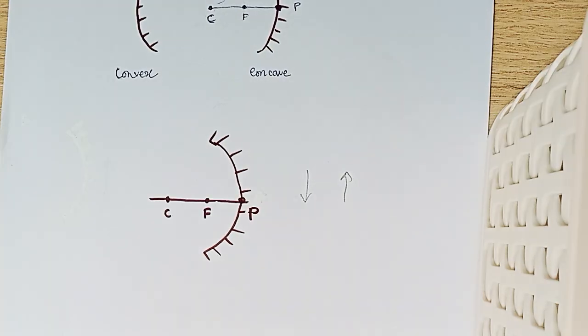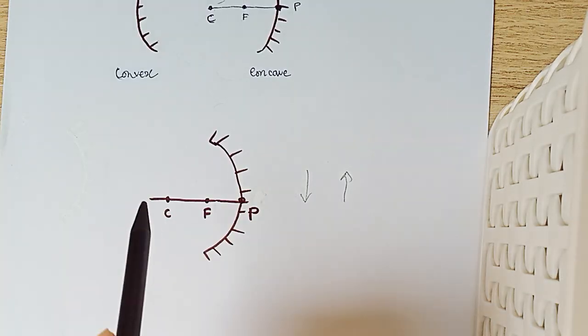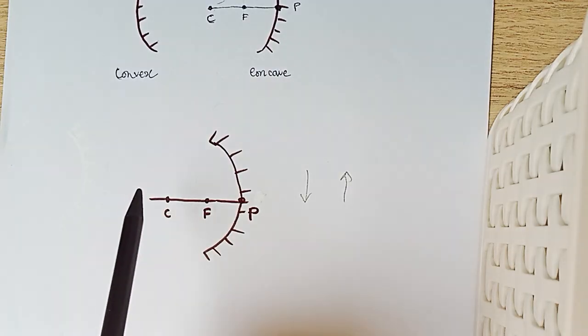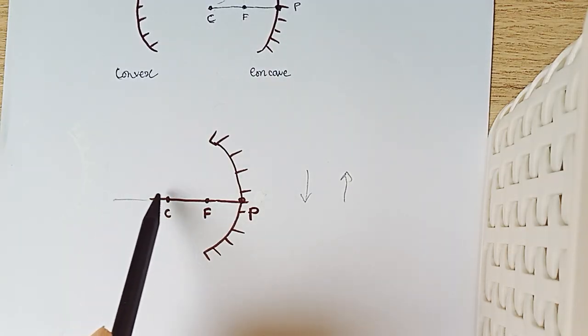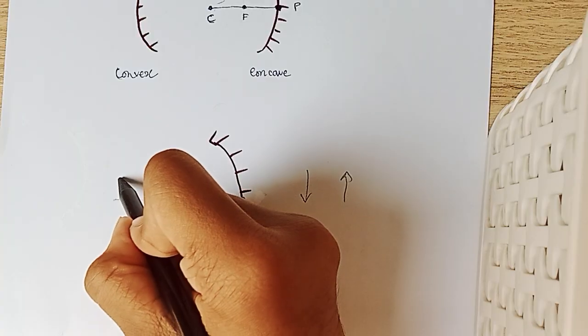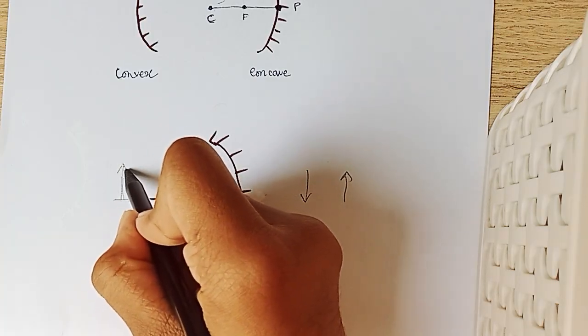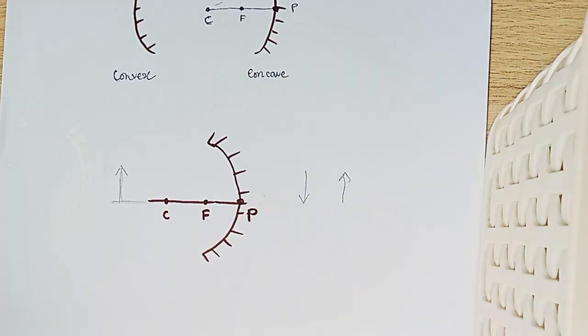Now, if the position of the object is beyond C, what do you mean by beyond C? Beyond C means behind C. So if the object is beyond C, extend the line and draw the object like this, beyond C. Then the position of the image will be between C and F. So how do you draw that?